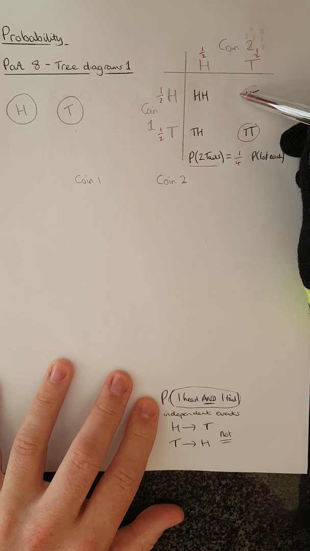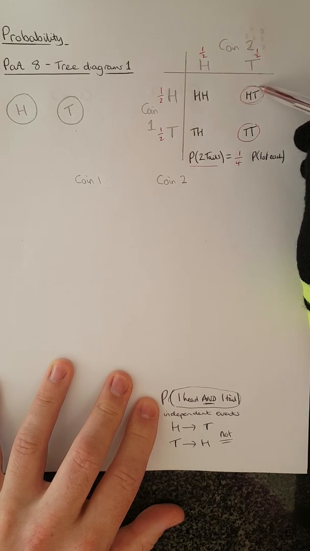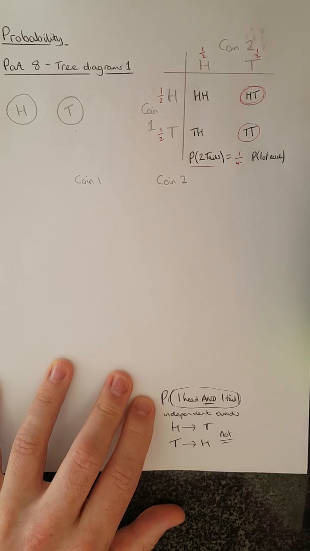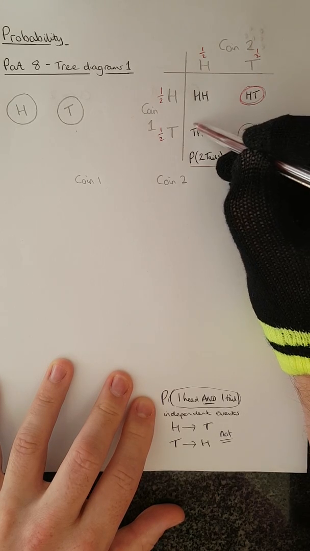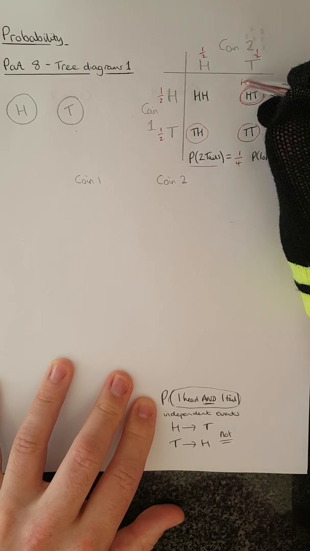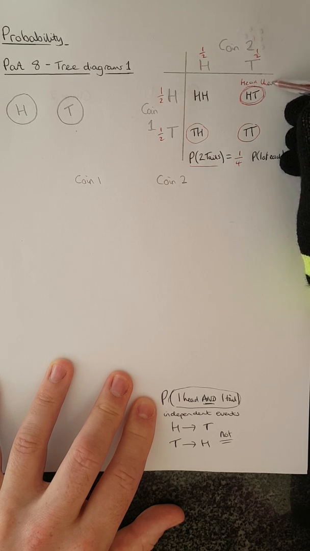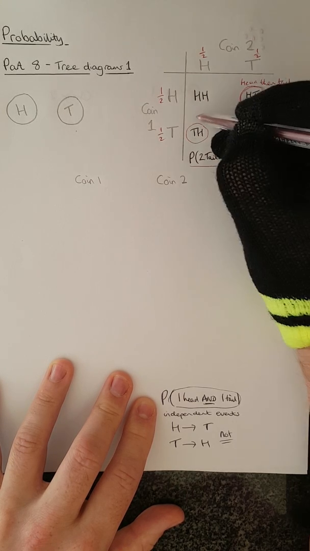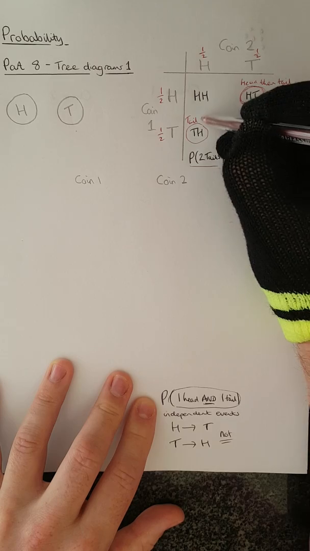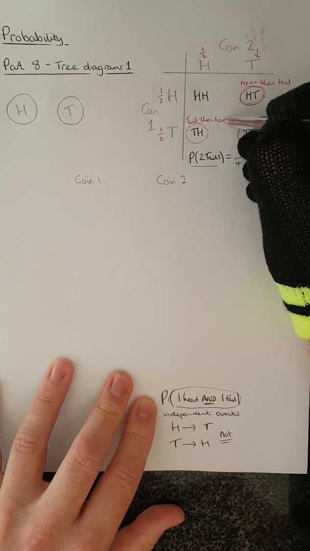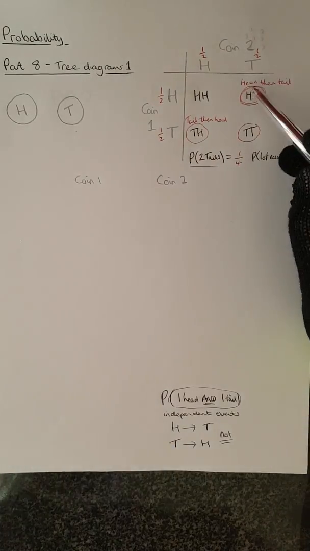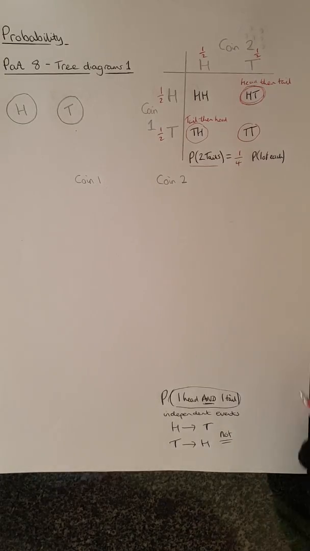Getting a heads and a tails is a pair of independent ones. Getting a tails then a heads, so tails then a head, or a head then a tail, those are independent.